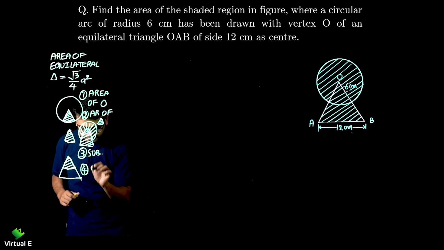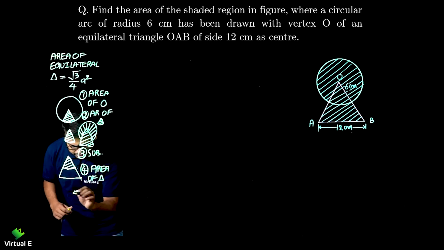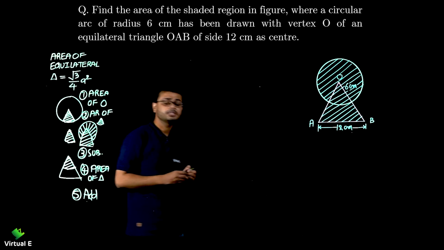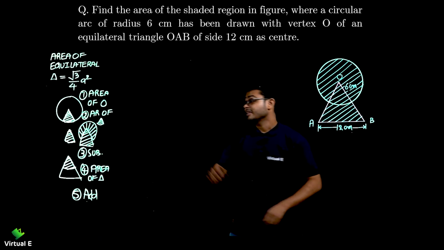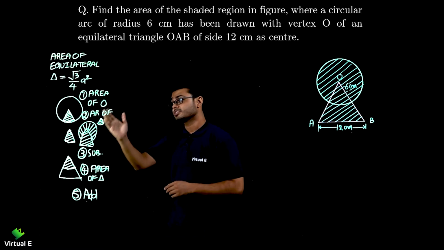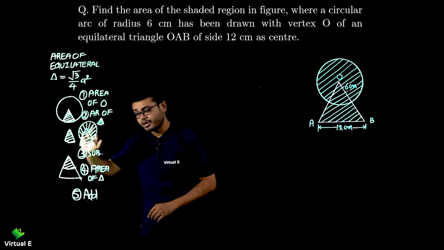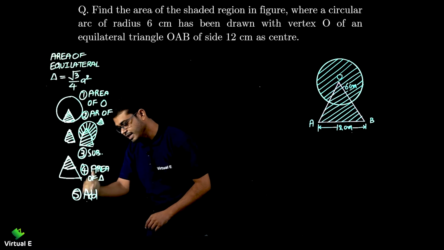Fourth step, area of triangle. And fifth step, add. Simple, right? So let's recall the steps one more time. Area of the circle first you need to find. Then area of the sector, then we need to subtract. Then area of triangle and add.